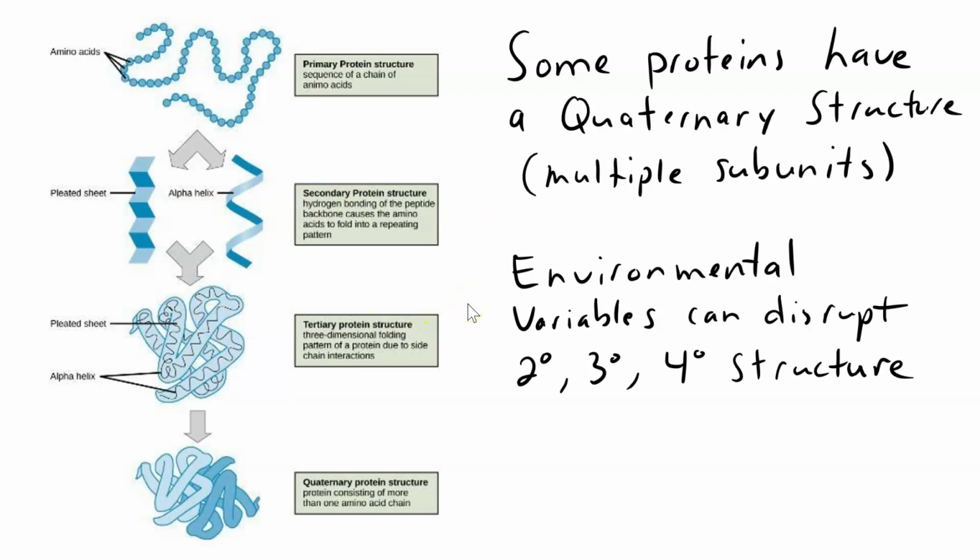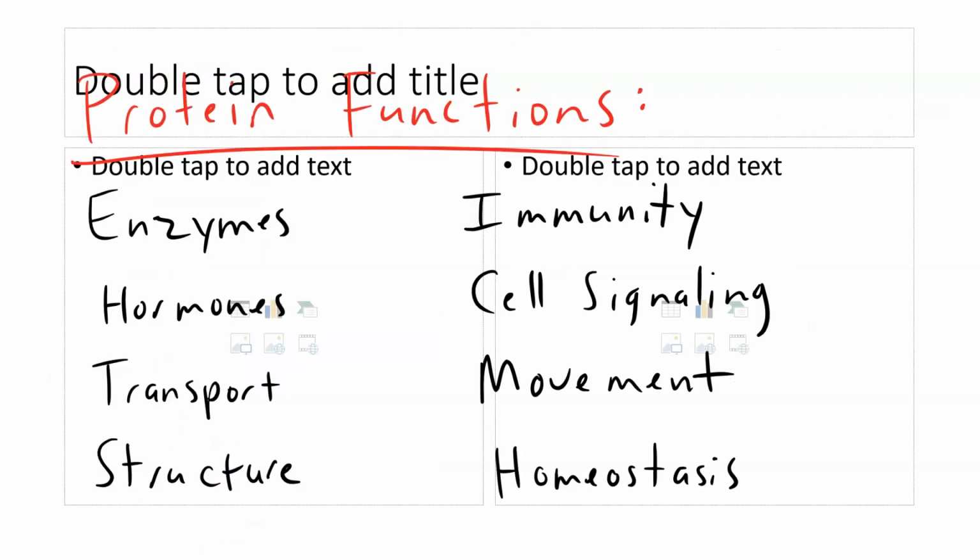We talked about heat potentially disrupting hydrogen bonds and leading to a loss of structure at the secondary level. The same thing can happen at the tertiary level. So heat and pH can all play a role in disrupting the secondary, tertiary, and quaternary levels of structure.